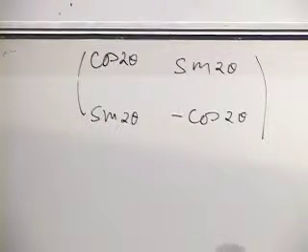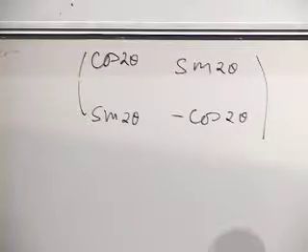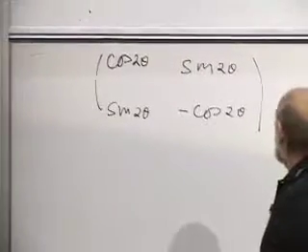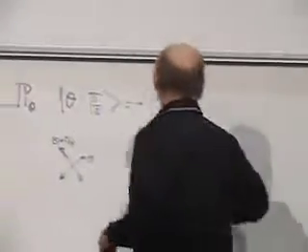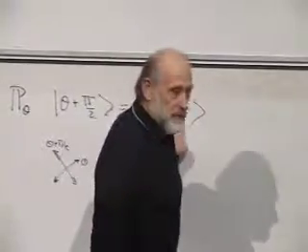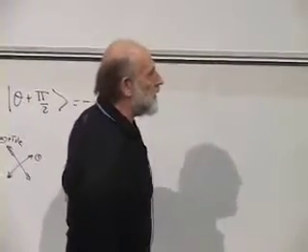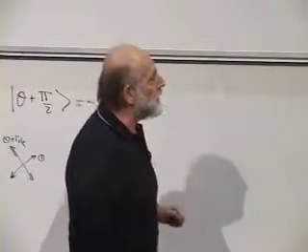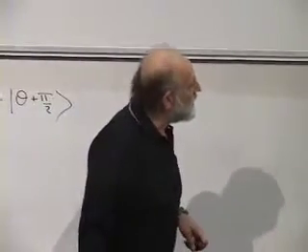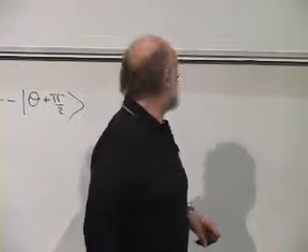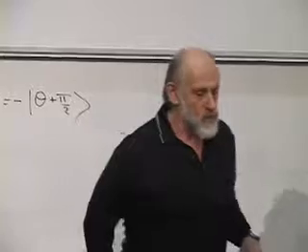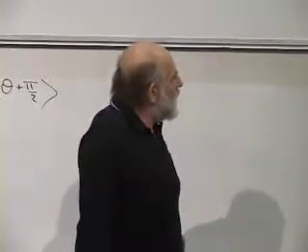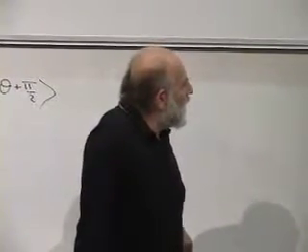Sorry, what I wanted to do was to look at the observable for theta plus pi over 2. What happens to the observable for theta plus pi over 2? What should happen to it?